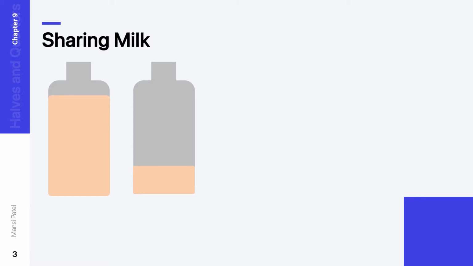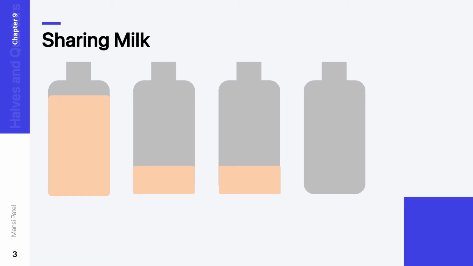See here, this is the first bottle which occupies 1/4 capacity. See the second bottle. It also contains the same quantity of milk. In the third one, it is also the same quantity of milk. In the fourth one, also this is the same quantity of milk.